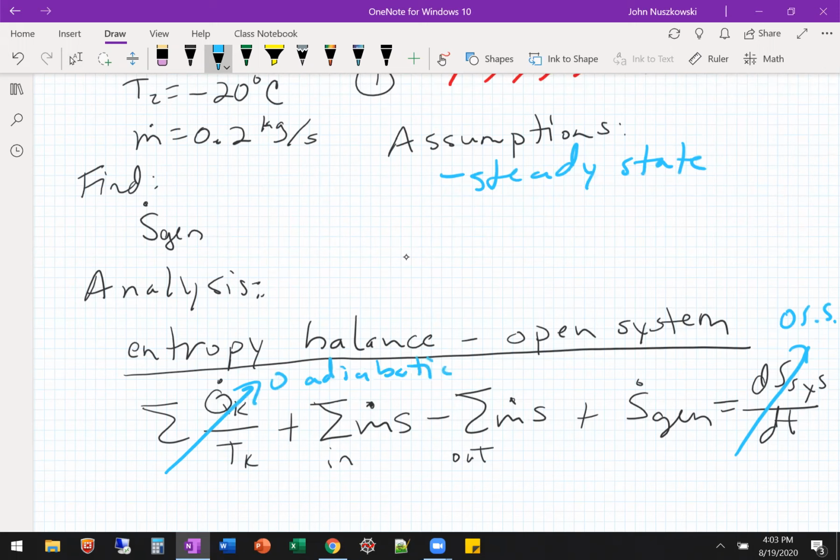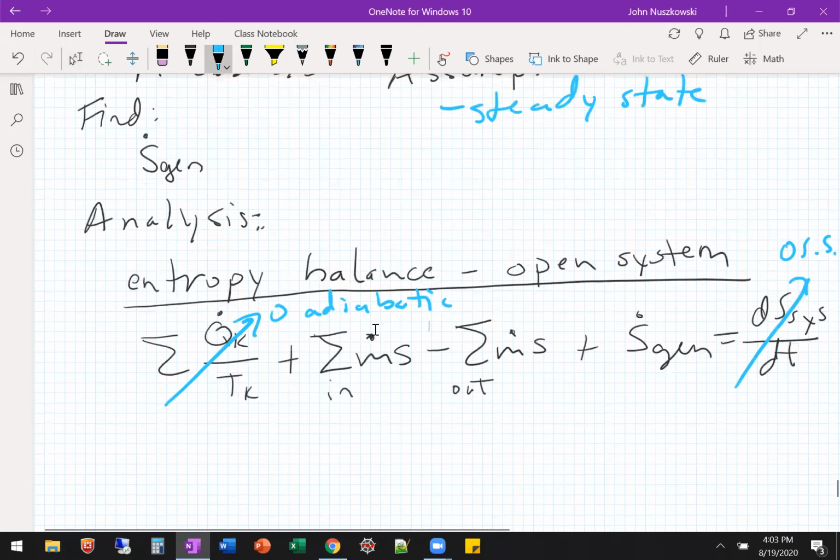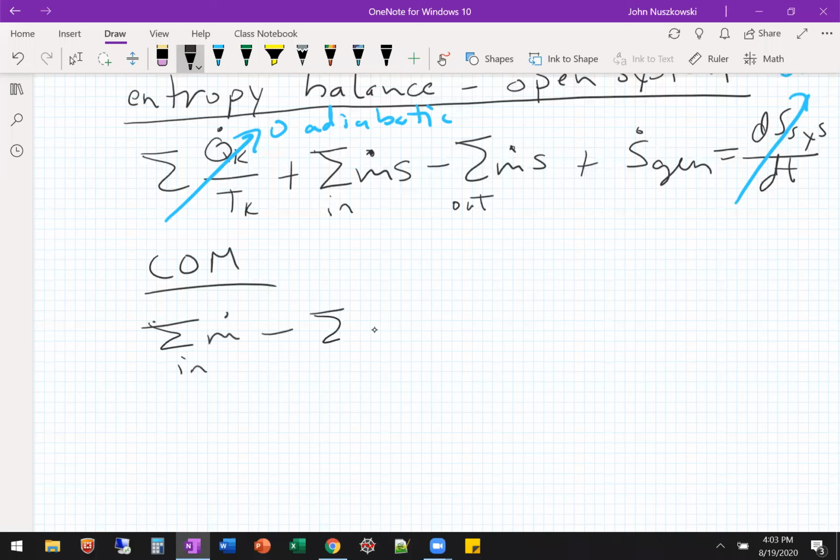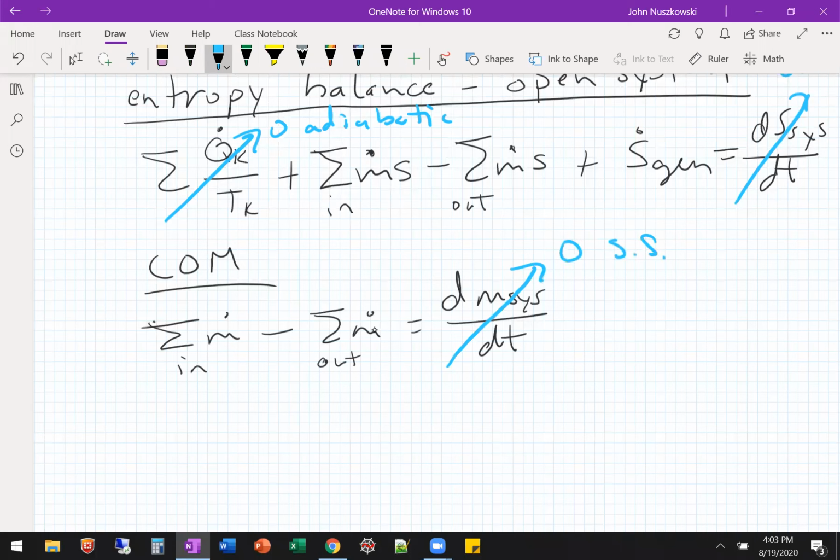And then conservation of mass, so we only have one inlet, one outlet, so the mass flow rates are the same.